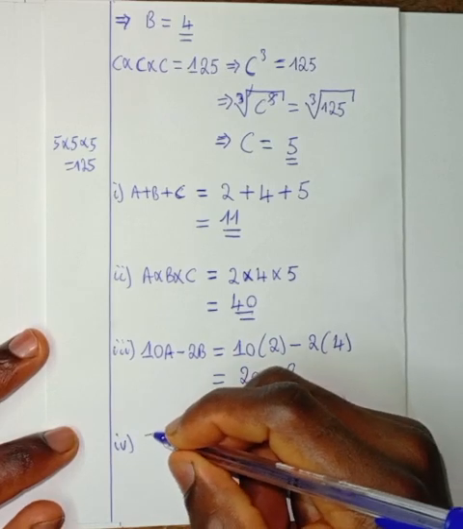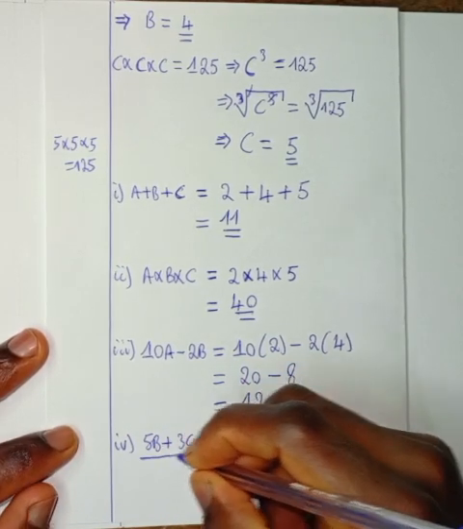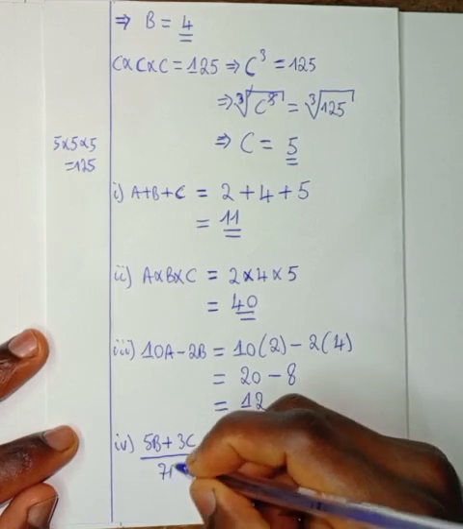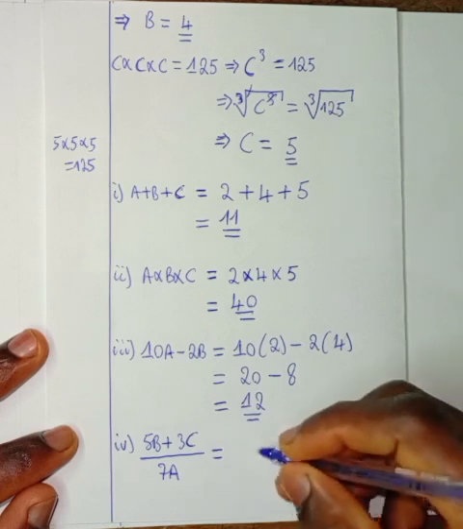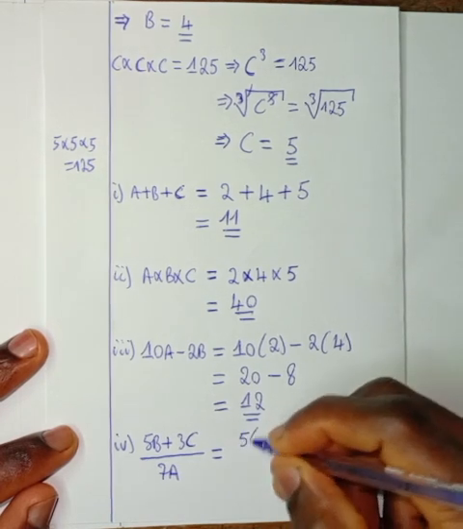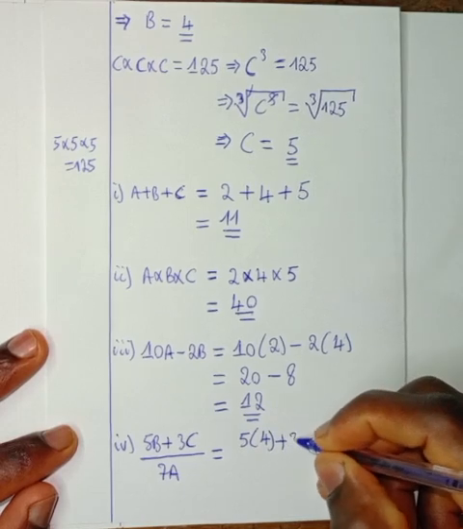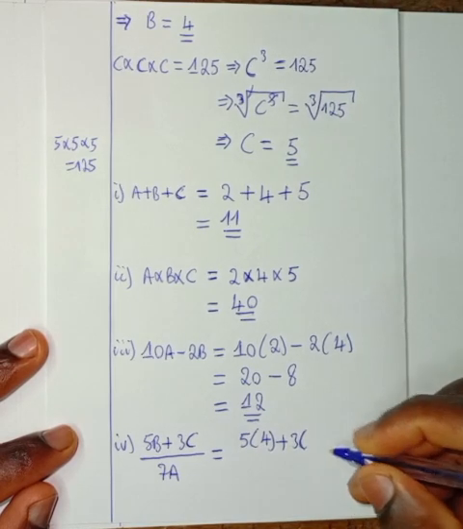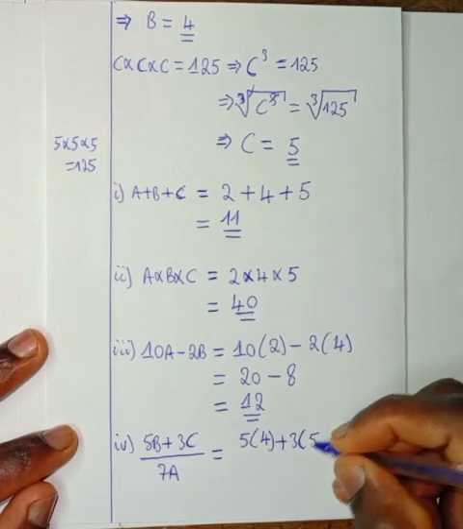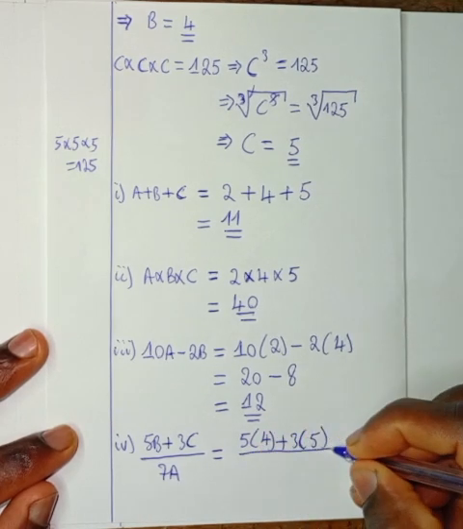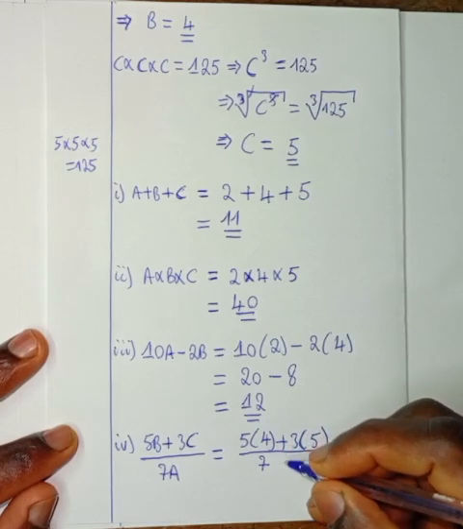We go now to 4. For 4, we have to compute 5b plus 3c all over 7a. We are going to replace a, b, and c with their values. This will simply be equal to 5 times b, which is 4, plus 3 times c, which is equal to 5, all over 7 times a, which is equal to 2.